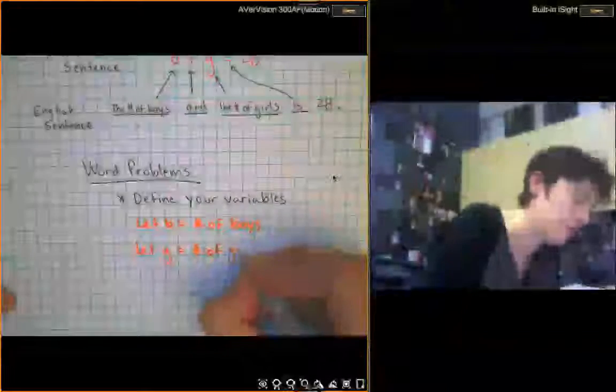Let B equal the number of boys. Let G equal the number of girls. And I didn't have to use the letters B and G. I could have just said X and Y. Let X equal the number of boys. Let Y equal the number of girls. The letter doesn't really matter as long as it's written down and defined for the reader.